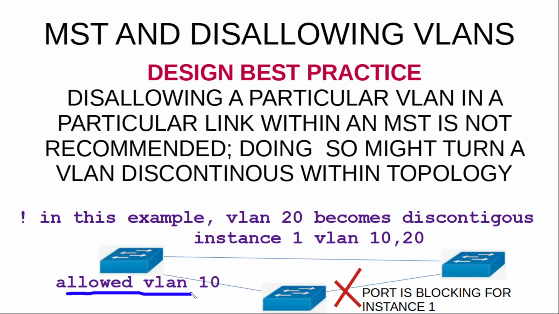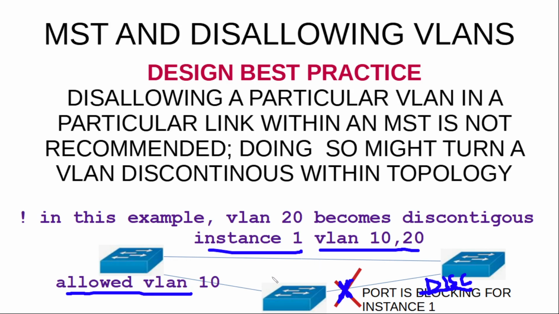if you are using MST. Let's take this example: we have this instance 1 that has attached VLAN 10 and 20. So for this instance, this port is set into discarding mode. This is not the correct name, this is discarding. Remember that we are using rapid spanning tree internally.